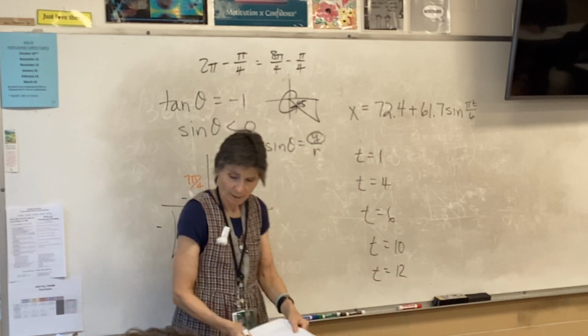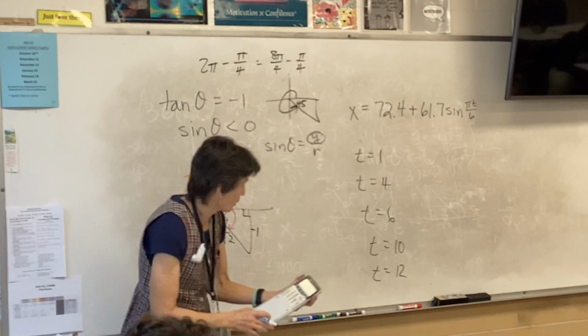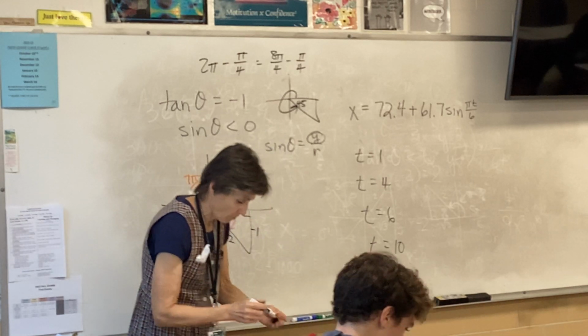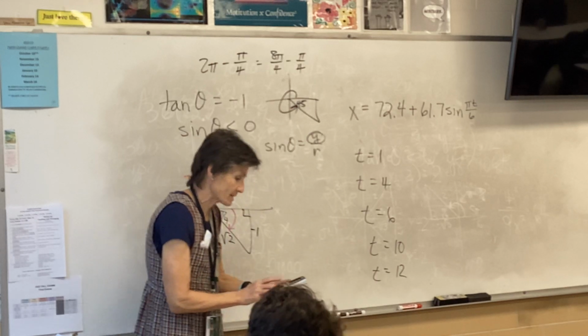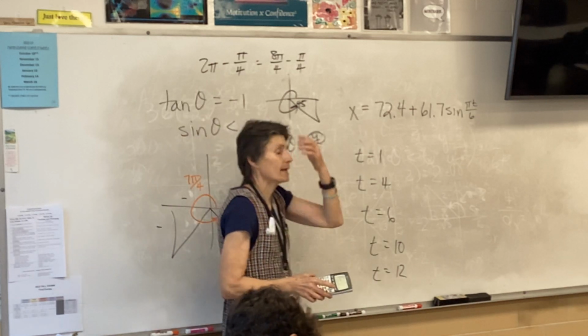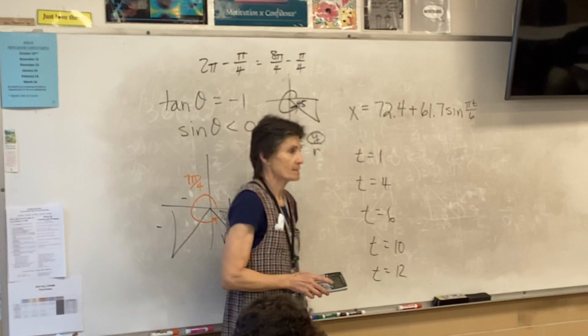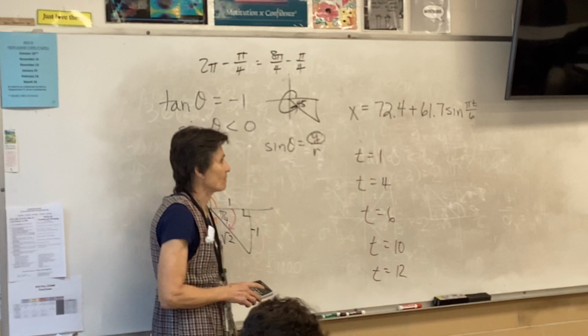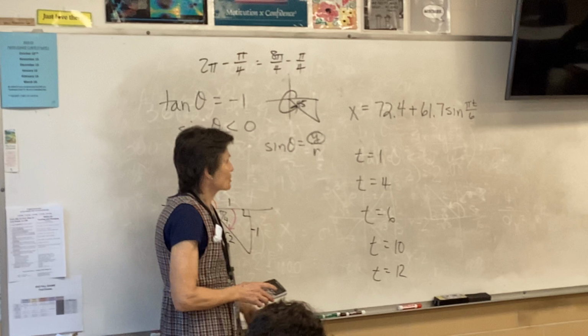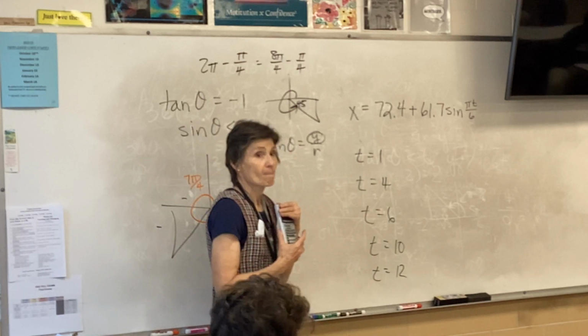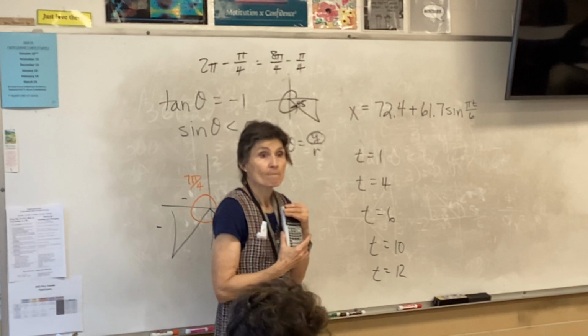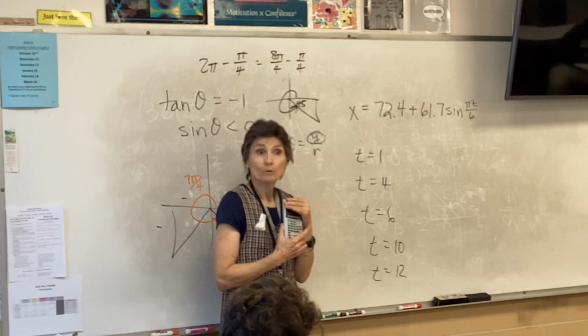All right, so let's practice typing this in on our calculator. First of all, let's press mode before we do anything else and make sure our calculator is set in radians. Should we leave it in radians? You can do whatever you want.